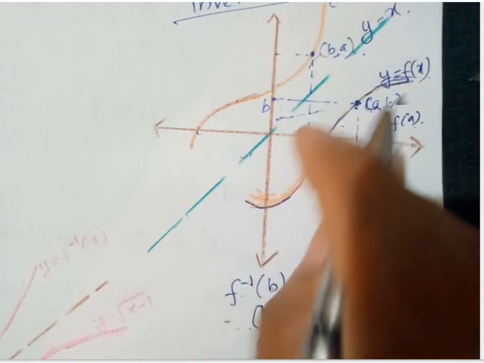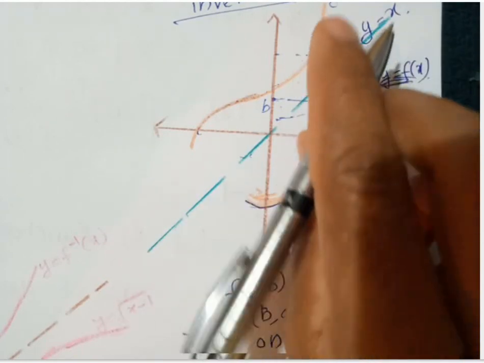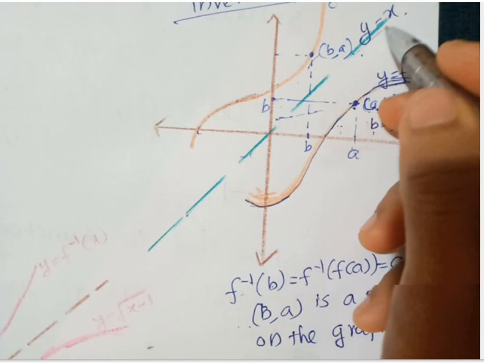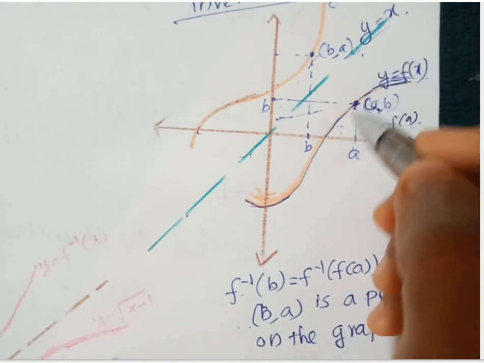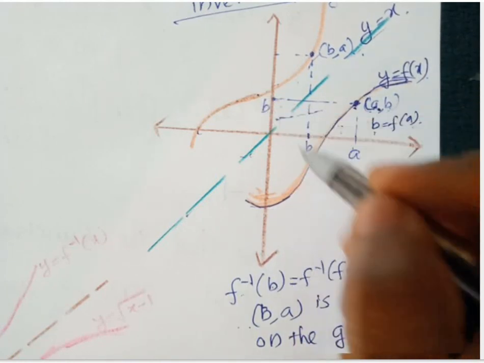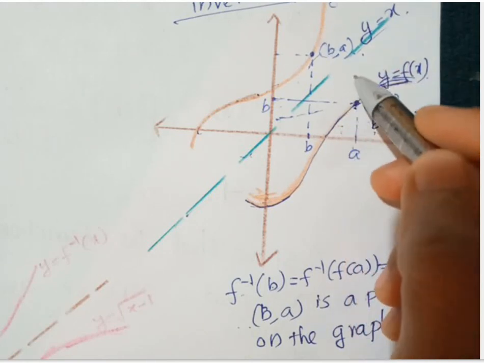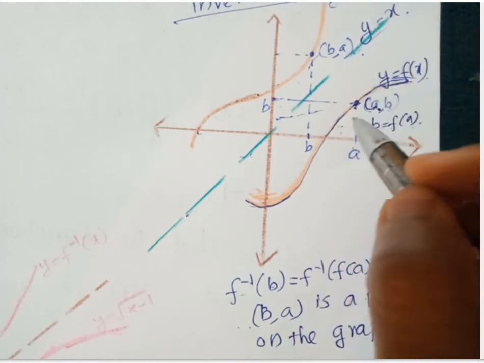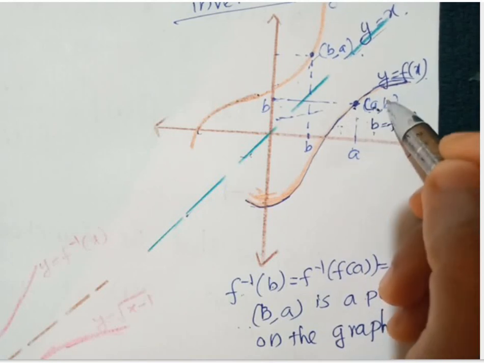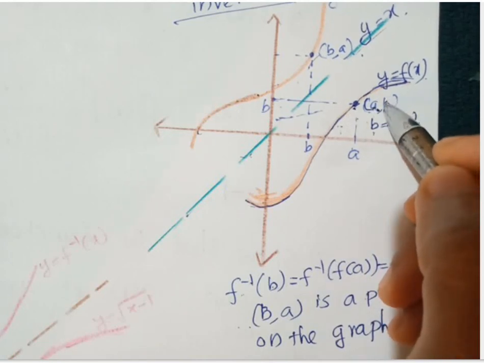So if you put a mirror on this line, then the reflection of this graph will be this graph. That is, f inverse x is a reflection of y equal to f of x.